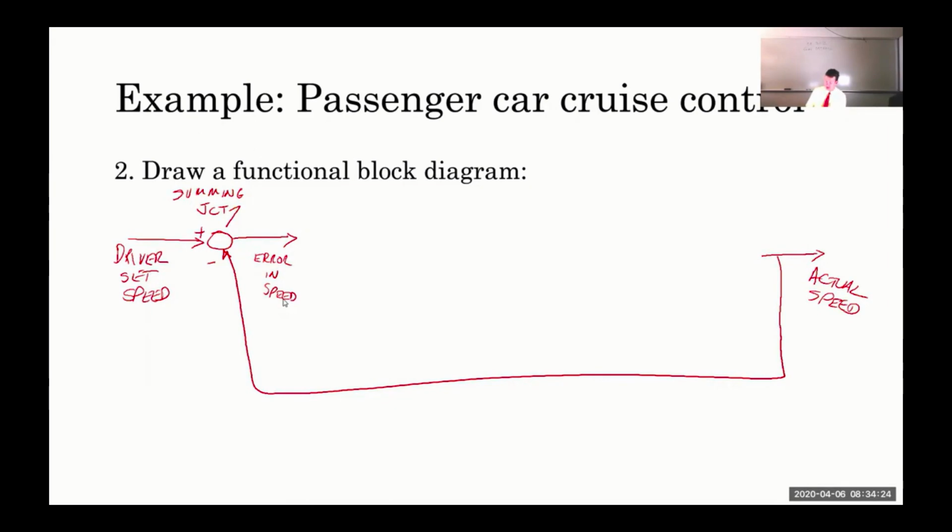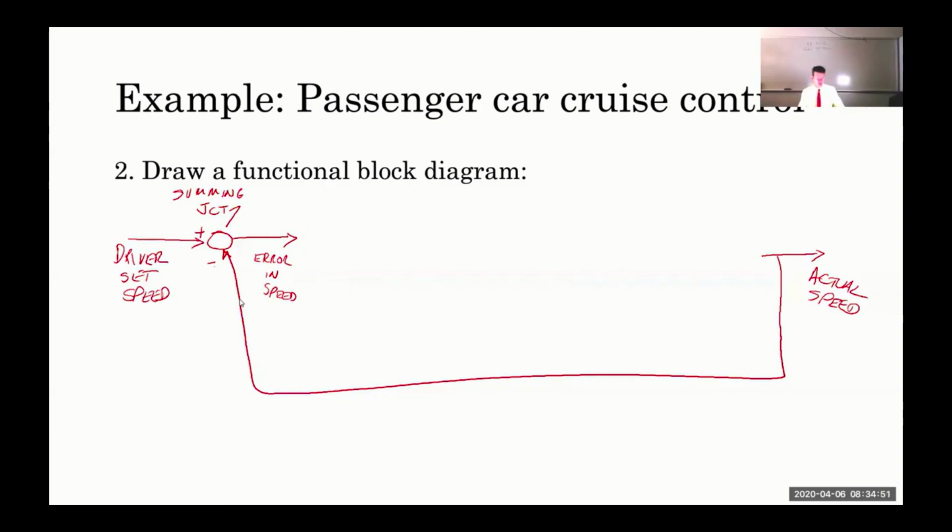So let's take a second to think about that. This summing junction, this little circle here, is a system. Let's not confuse it. It's a system that takes 2 inputs, assigns one a positive sign, assigns the other a negative sign, and the output is the sum of those 2 inputs, summing junction. Here we're looking at what do I want, the driver's set speed, minus what do I have, the actual speed of the car.